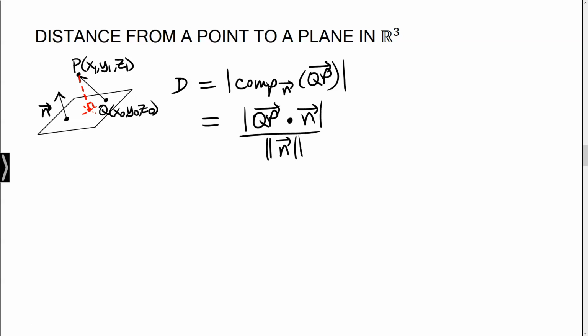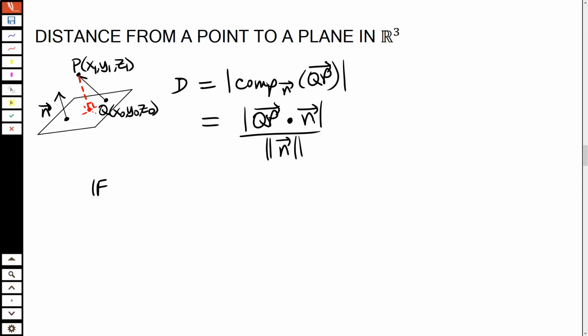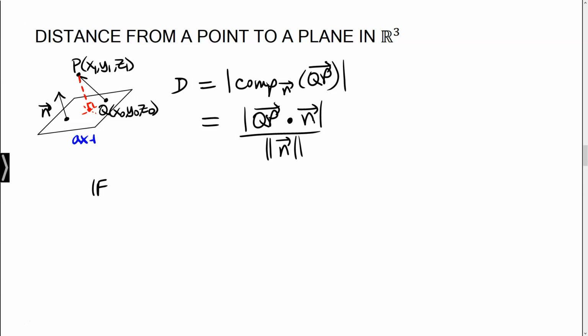Now, if you remember, we also got a special case. If we were given the equation of the line, we were able to get a nice formula for that. There's the same thing here. If this plane is given by a nice equation, say ax plus by plus cz plus d is equal to 0, then we can do pretty much what we did before.